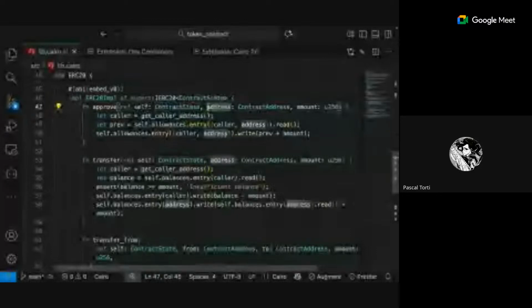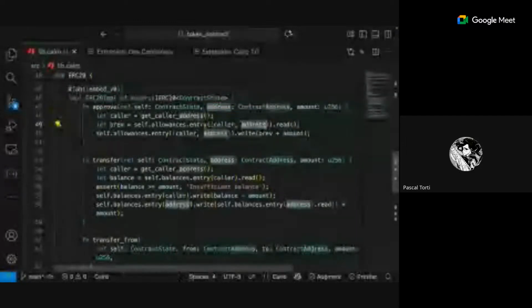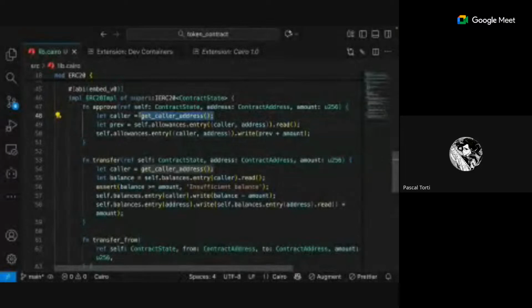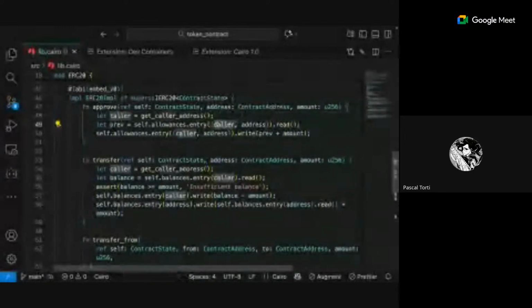This is who we want to approve here. Address comes second here. And the color, the person that you want to transfer on behalf of, comes first. So this means that the person you want to transfer on behalf for should come first.